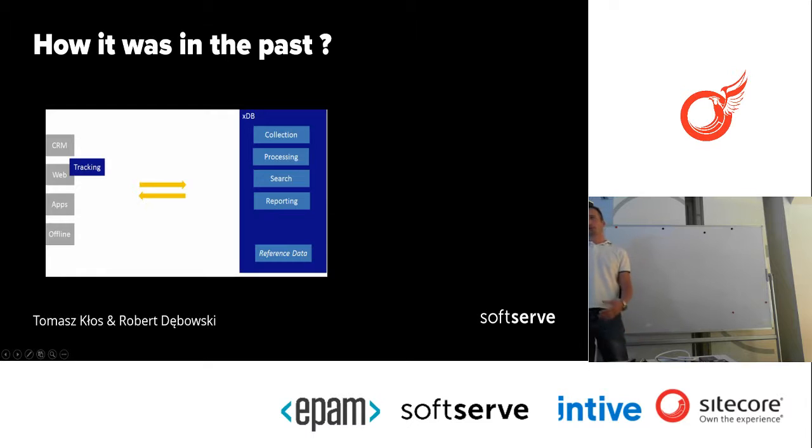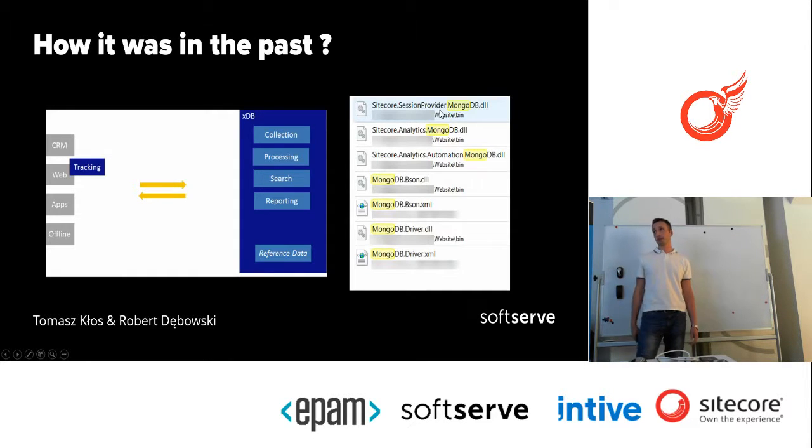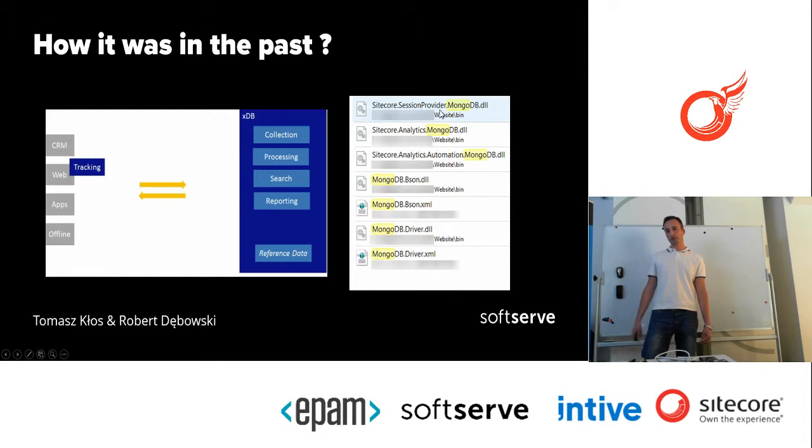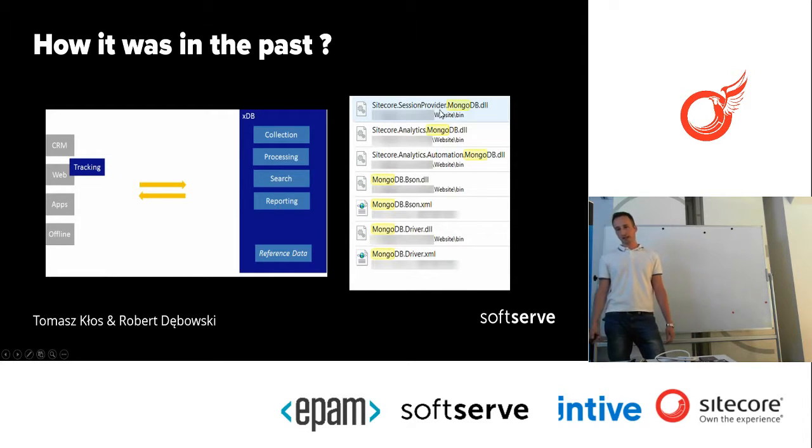If we wanted to change something, we had to be aware of this implementation, and that strict connection could cause some problems for us as developers. We also had the MongoDB DLLs inside of Sitecore, so again a strict direct connection.